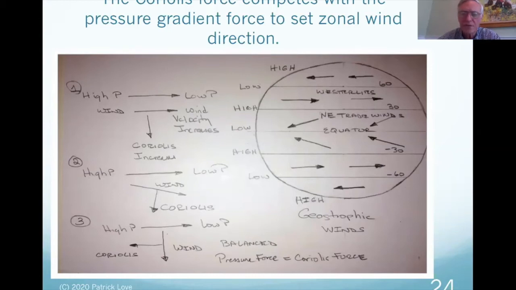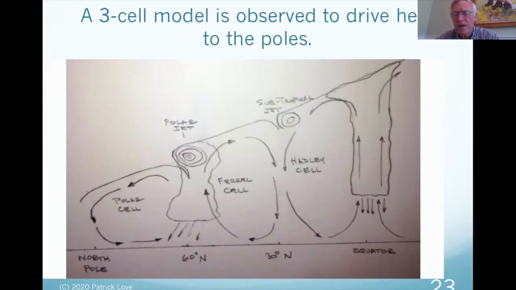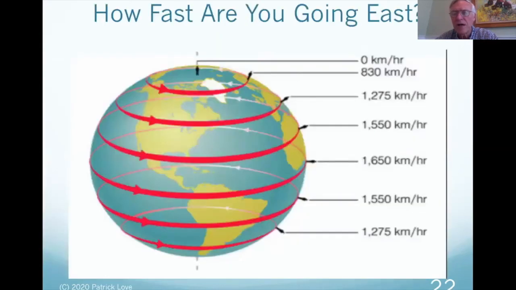What happens in this circulation is that if you're at 30 degrees north and you are a parcel of air moving towards the equator, you start out at a velocity of around 960 miles an hour instead of 1023 at the equator.